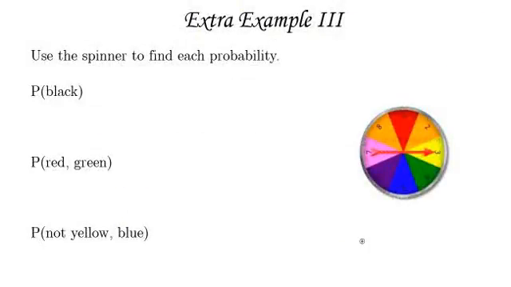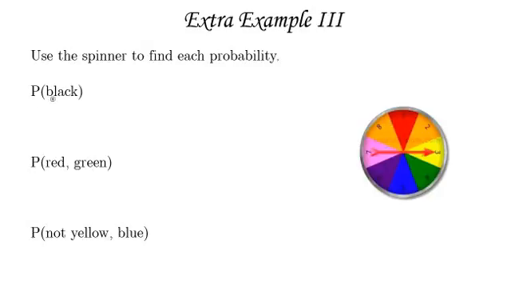Okay, here we have a spinner that we're going to use to find the probability of each. So the first one, I only have one event, right? Only one spin. And I'm looking for the probability of rolling a black. Now, there are no blacks. It's red, orange, yellow, green, blue, purple, light purple, and then another orange.